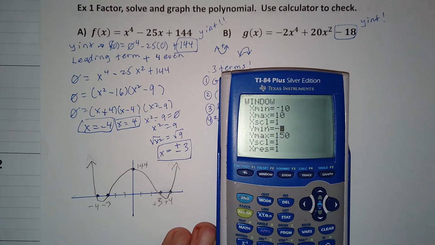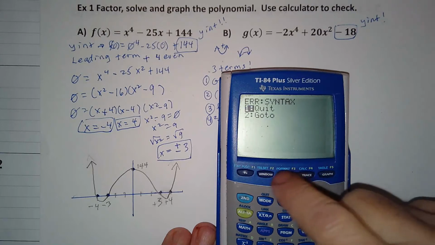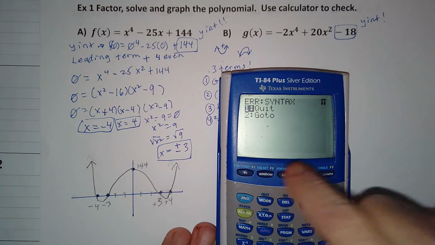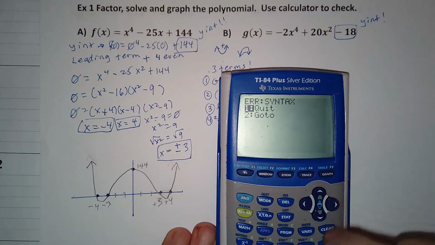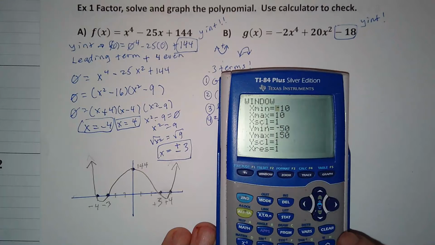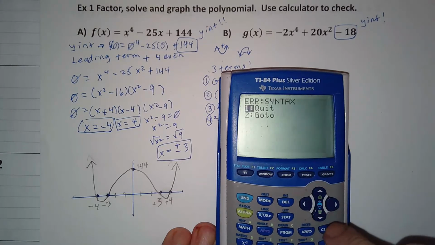I'm going to go back to the standard mode. I'll do this again. Window, minimum, negative -10, down 1. Why is it doing that?